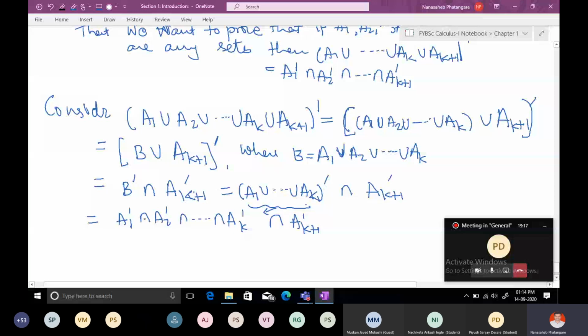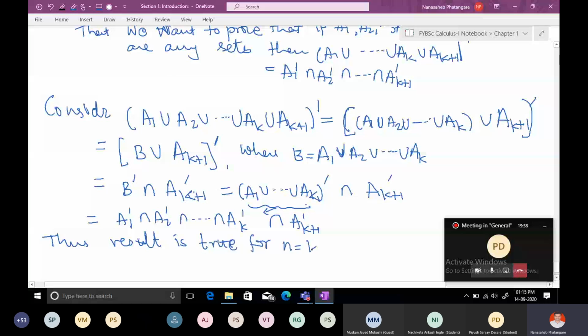So hence, the result is true for n is equal to k plus 1, right? The result holds for n is equal to k plus 1 clearly.